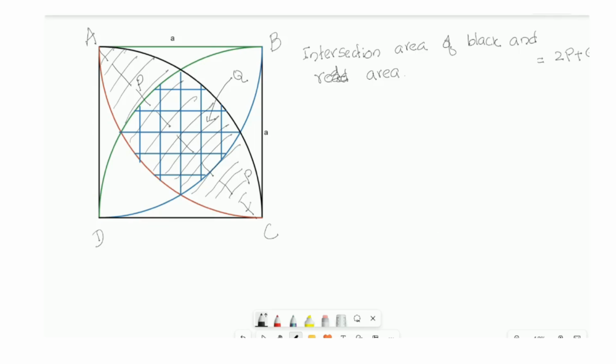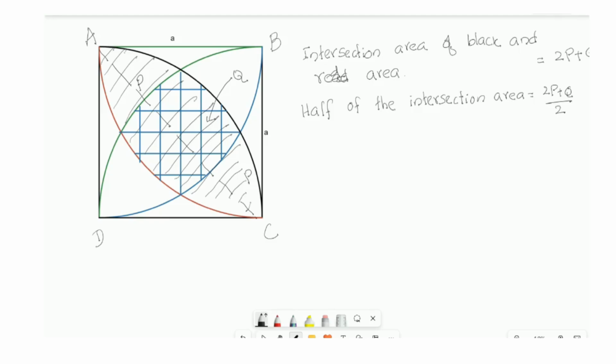Therefore half of the intersection area is equal to (2P plus Q) divided by 2.